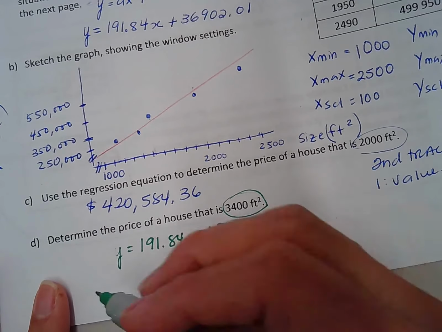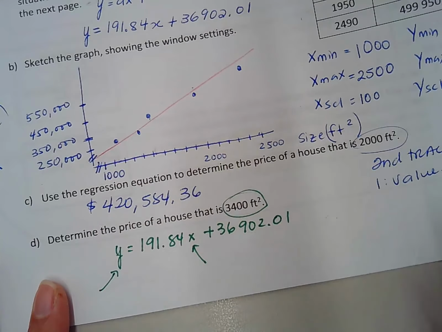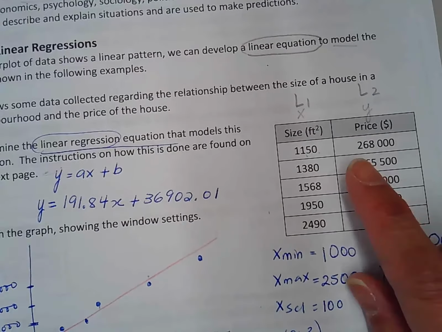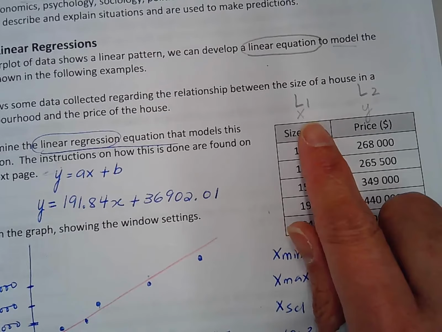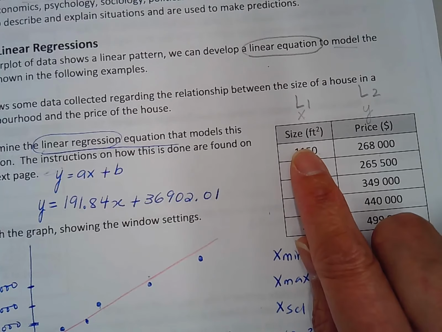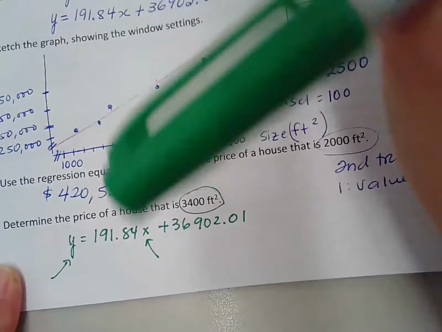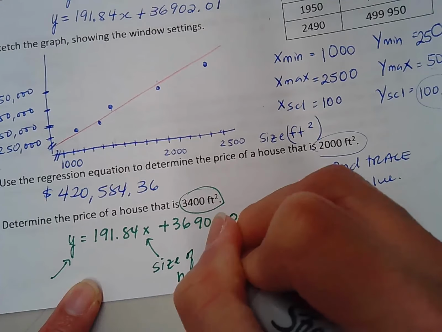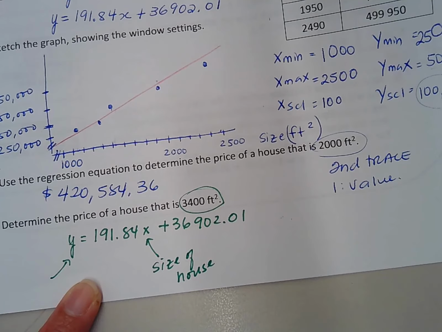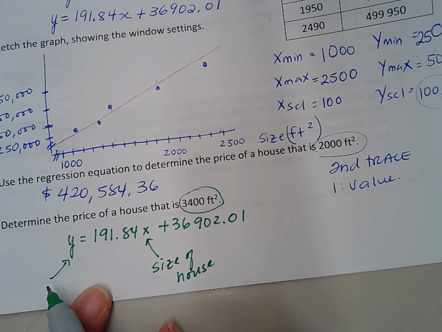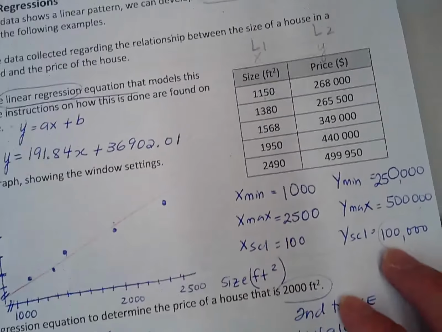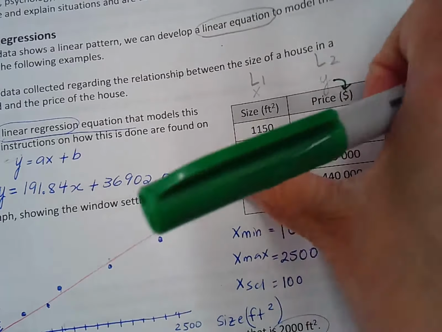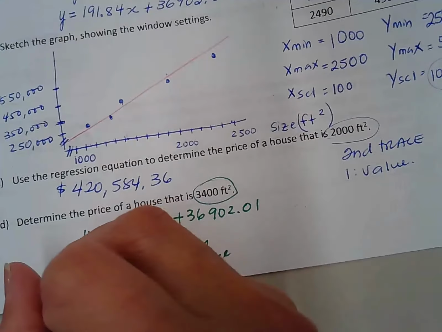What does the y represent? Well, what did we say the x was? The x was the size of the house. What did we say y is? The y is the price of the house.